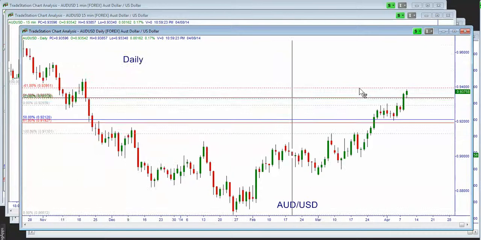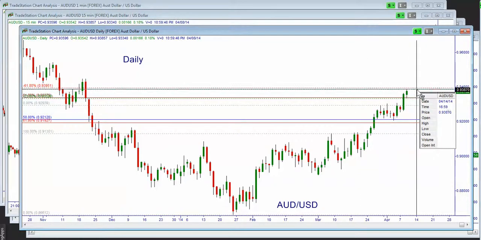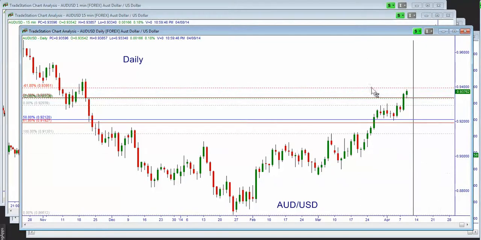Price never went there, but rather continued higher, and actually went to test and reached 93.85, still 10 pips below the target, so there is a possibility for the market to continue higher.